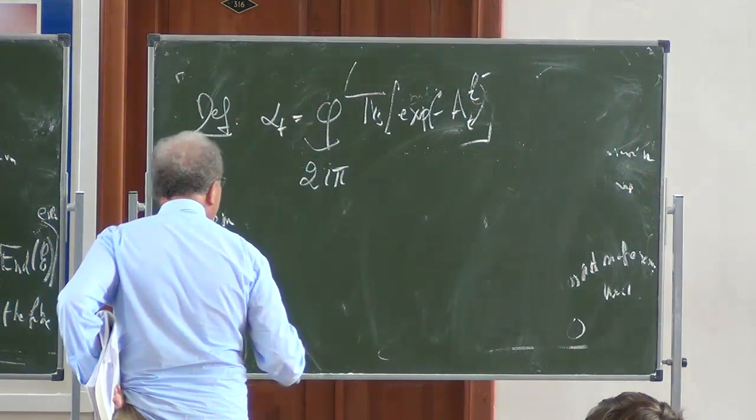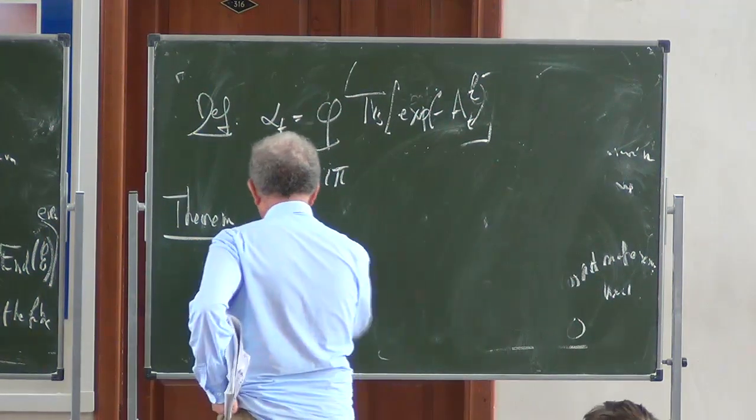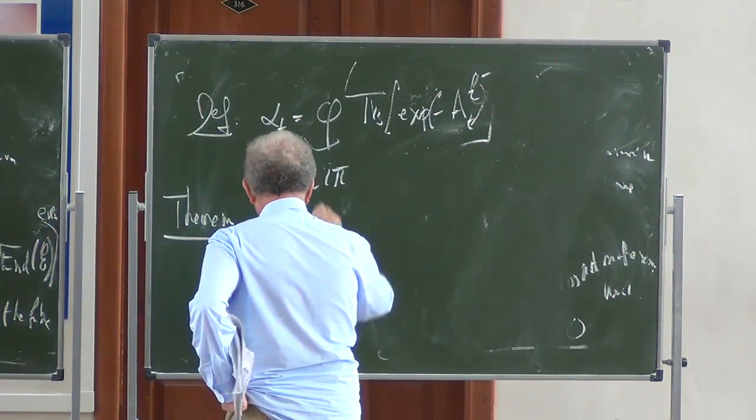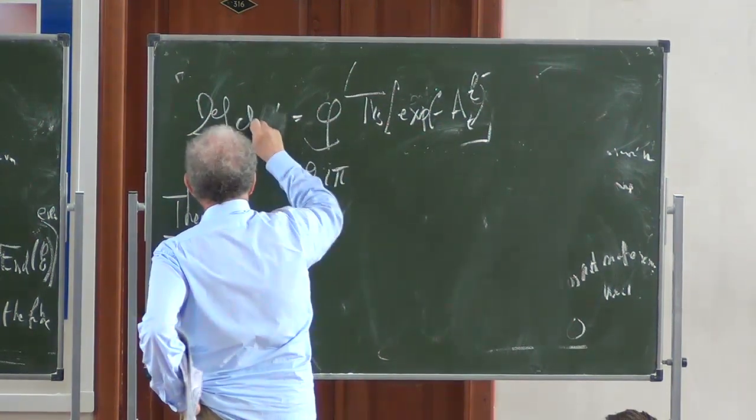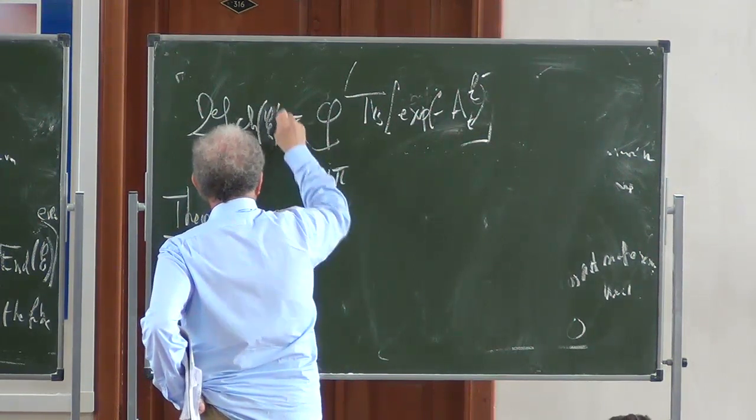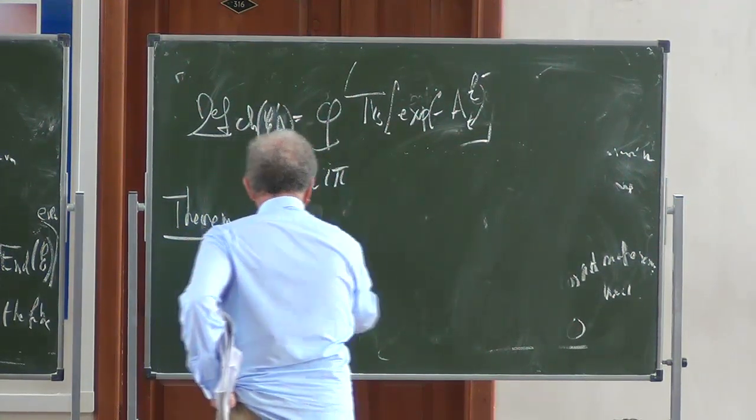Let me just state a theorem which is a negative one, but then I will correct it into a positive one. First of all, maybe I write this as CH of E and A_T.